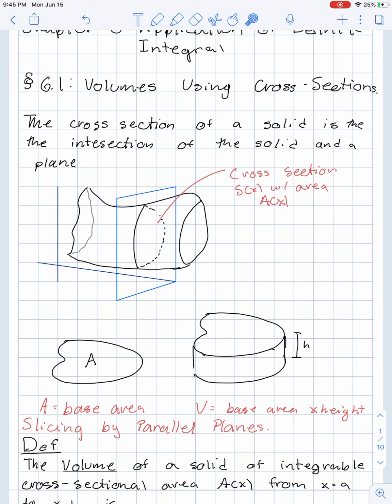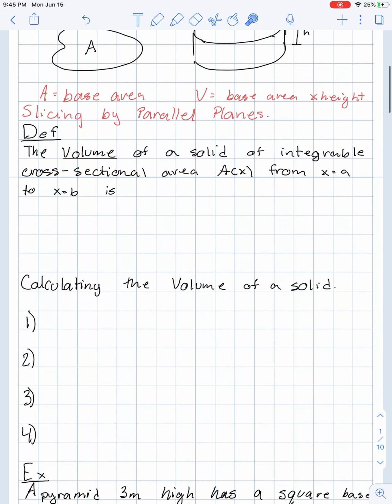This section has different ways that we think about slicing a cross section. The first method is just what I said. We have a cross section, we multiply by its height, and that's called slicing by parallel planes.